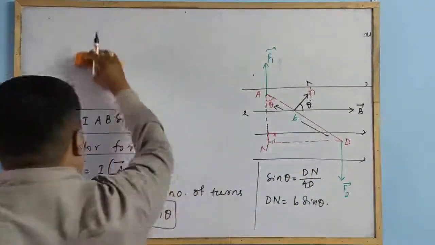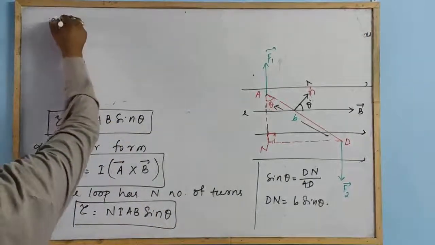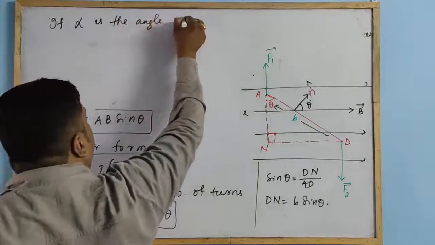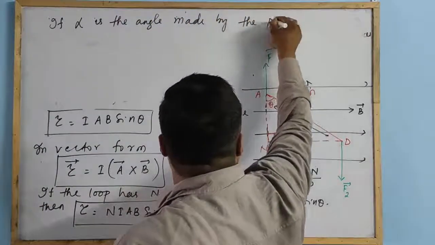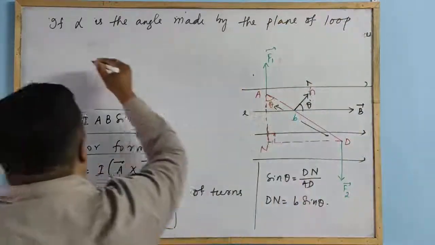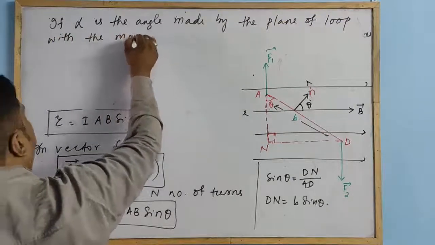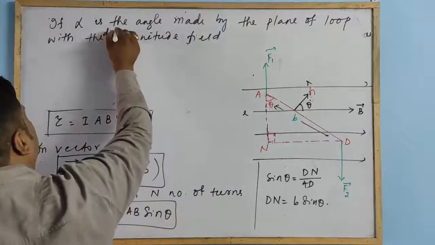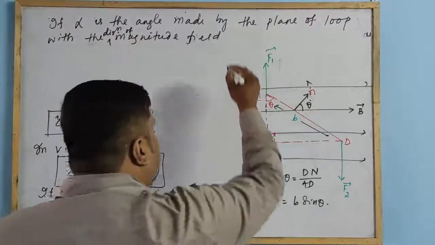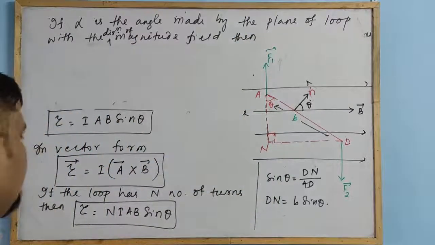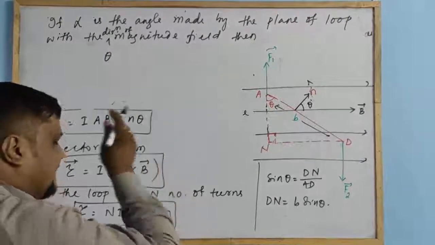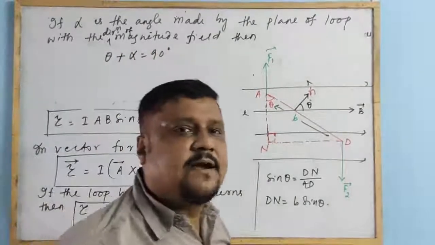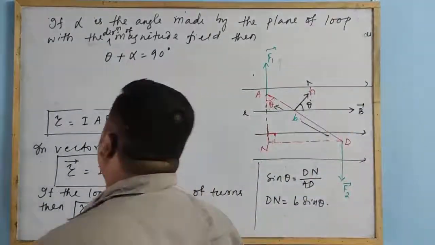So this is the formula, or you can write: if alpha is the angle made by the plane of the loop with the direction of the magnetic field, then what can we write? The area vector makes angle theta, so theta plus alpha is equal to 90.